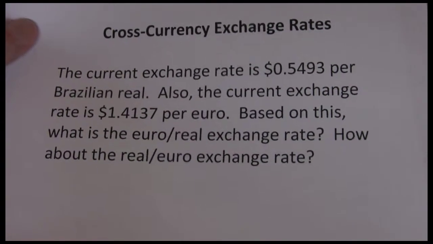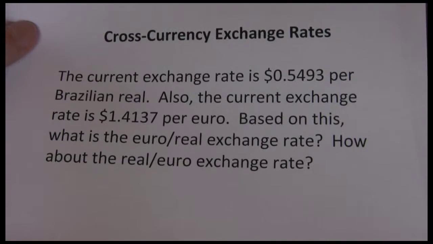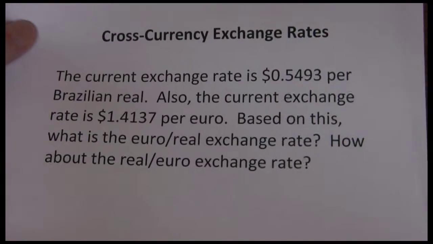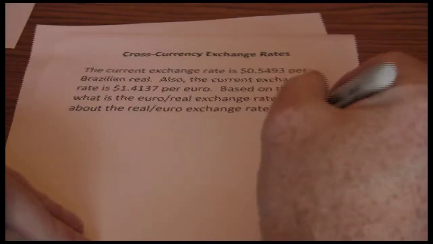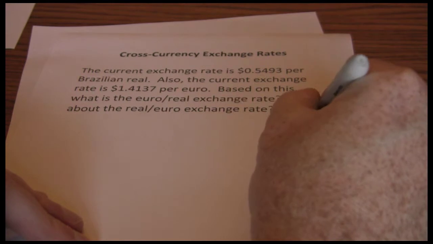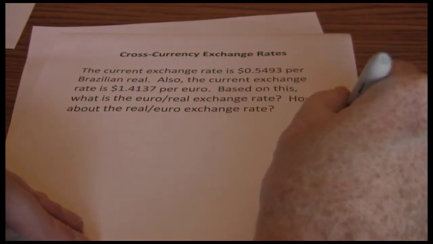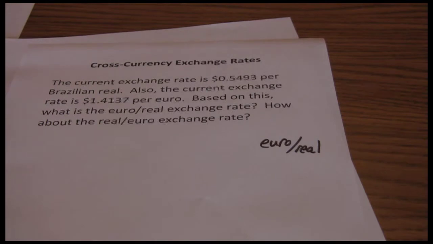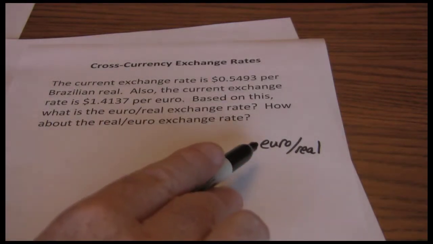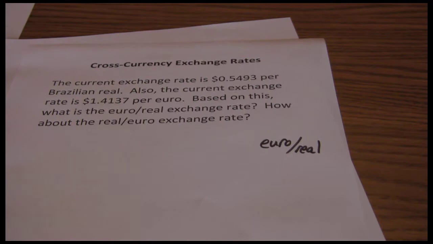Now, when we do this, we want to be careful, and again, it's an idea of leaving the labels in, make sure we're left with what we want. We want euros per real as our answer. So when we get our answer here, we want it in terms of euros per real. In order to do that, we need the euro in the numerator, the real in the denominator.